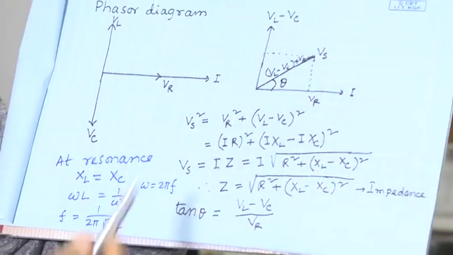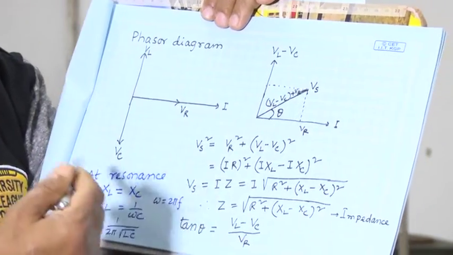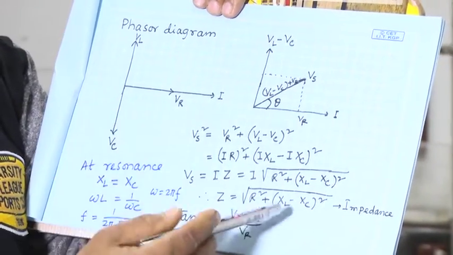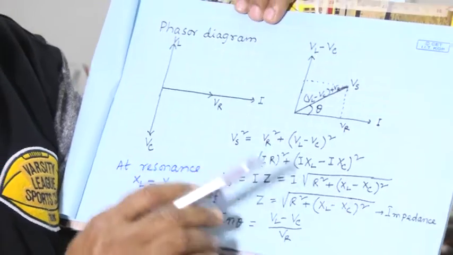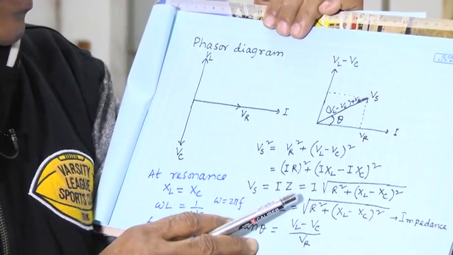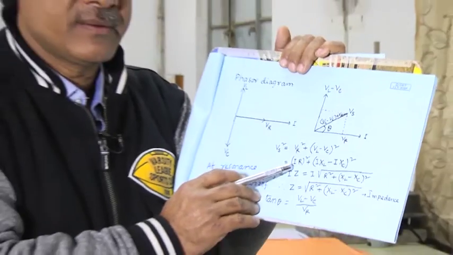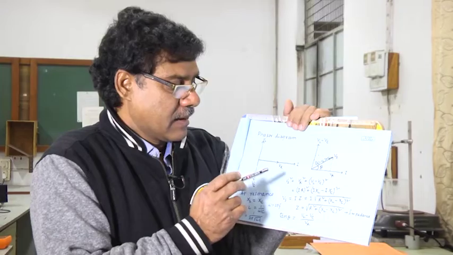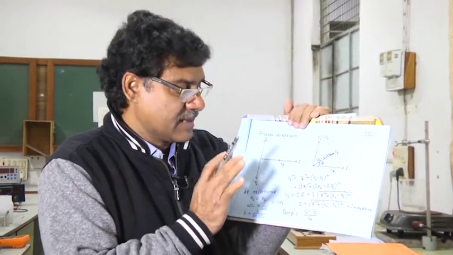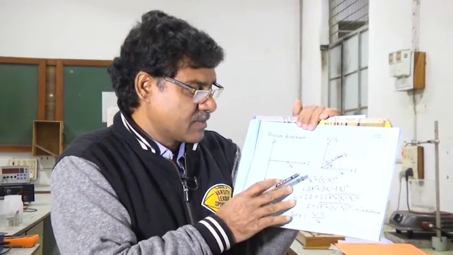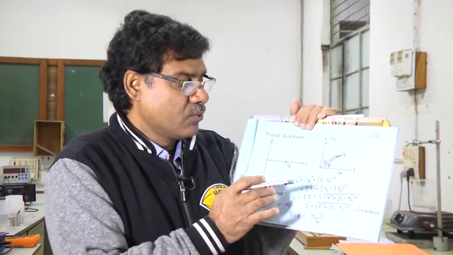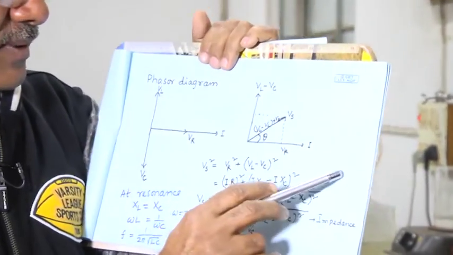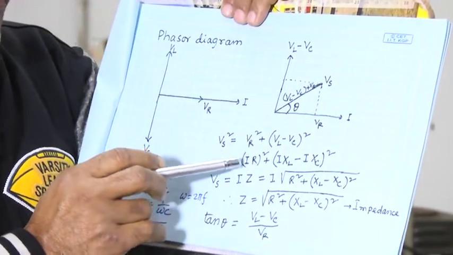Also, as I told, for a particular frequency you can measure the impedance and the individual reactances. So basically in this experiment I have to measure I while varying the frequency f. This is the main part of this experiment. Another part of the experiment is to measure VR, VL, VC for a particular frequency while varying the current.